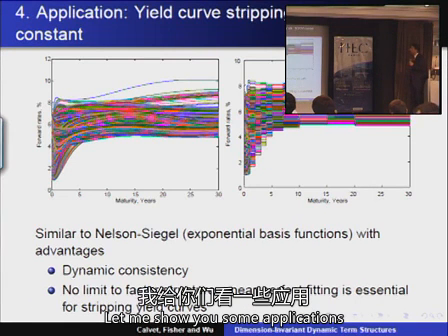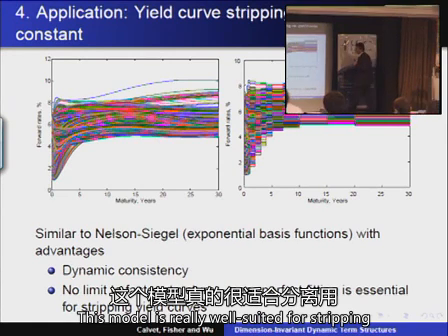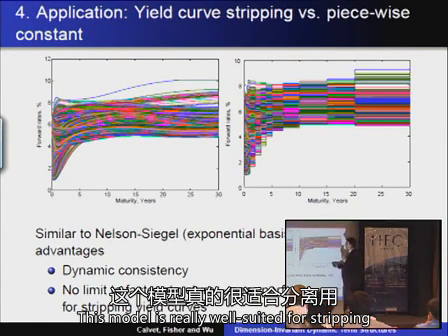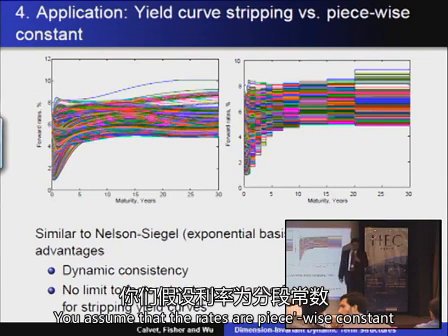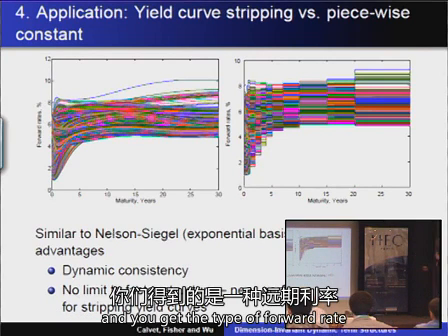Let me show you some applications. This model is really well suited for stripping. If you want to extract the forward rates, something which is often used in industry, you assume that the rates are piecewise constant, and you tend to get this type of forward rates.